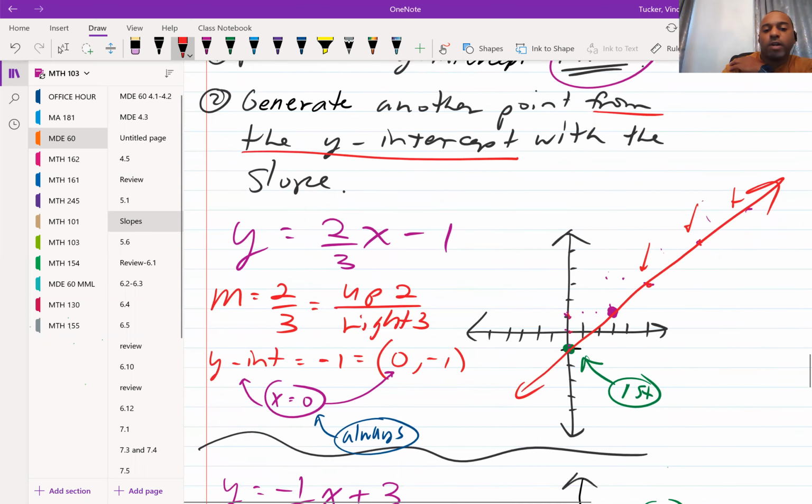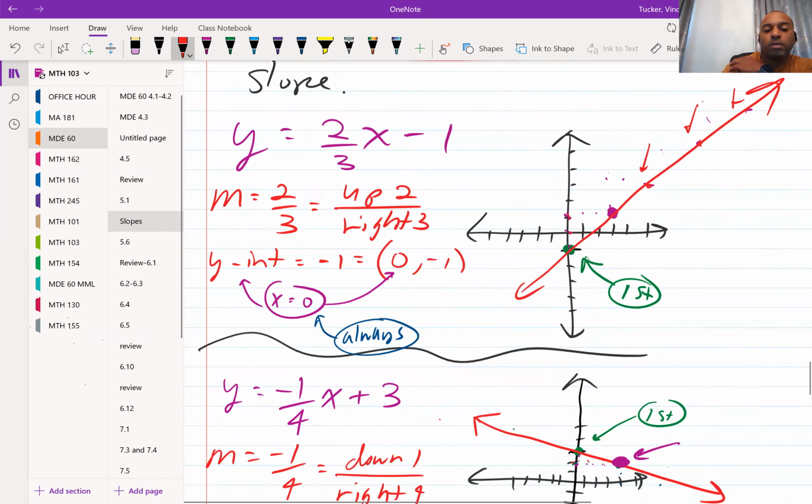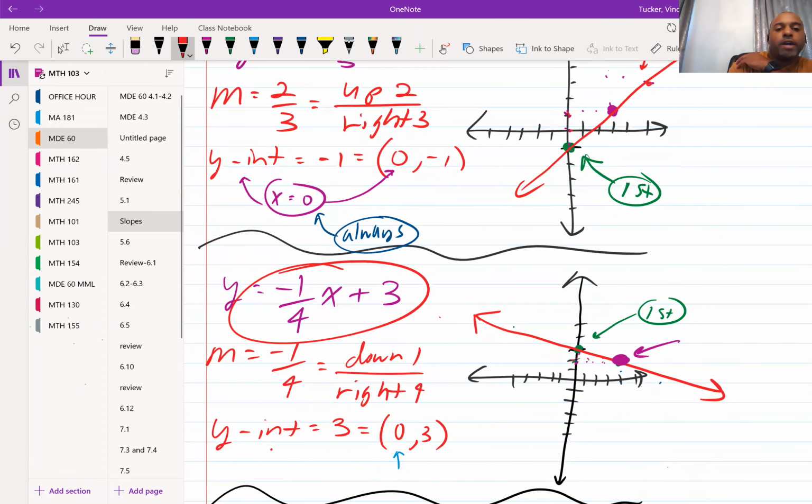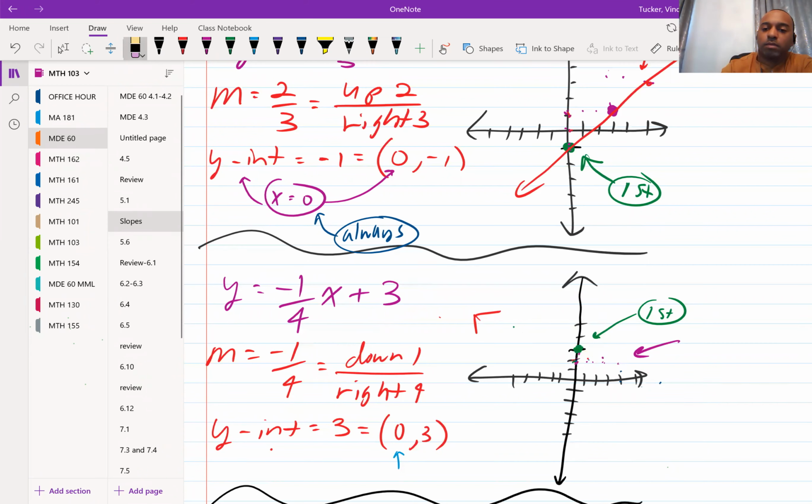All right, let's try it again. So here we have y equal to negative 1/4 x plus 3. So negative 1/4 is our slope. So it's negative 1 over a positive 4. So I'll go down 1, right 4.